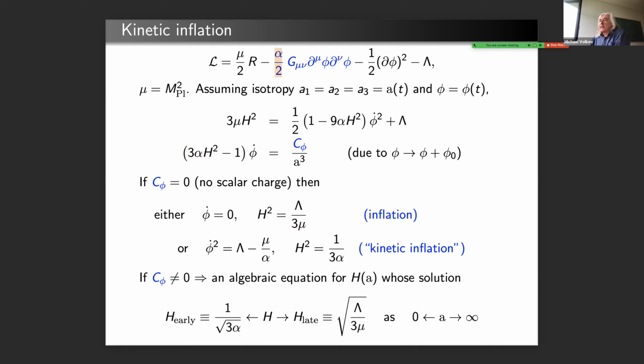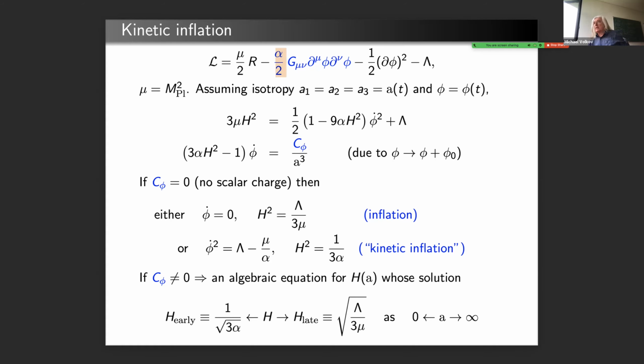So for this second solution, the lambda term is effectively completely screened. It becomes irrelevant. And so the scalar field acts as an inflaton. The essential difference is that there is no inflaton potential, and the role of the potential is played by the coefficient in front of the kinetic term.